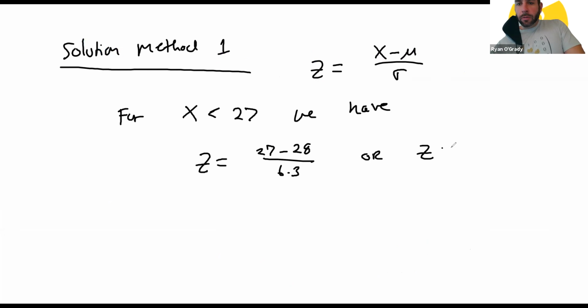And so if you go to a calculator and get that, you get -1 over 6.3, which we can round to -0.159. I know we should round up, so we'll round up to 9.